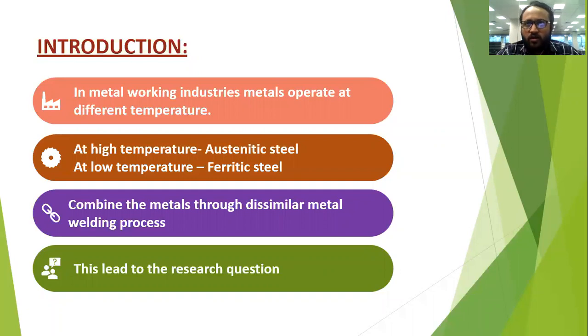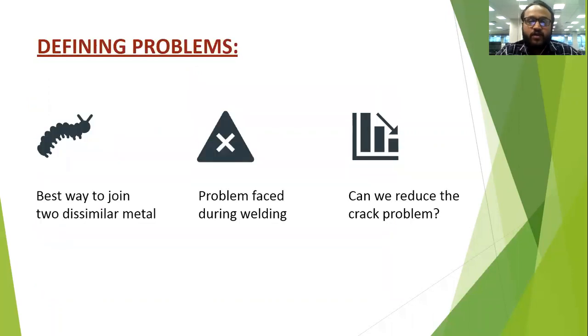So in this research, I'm going to find a process to combine both the materials together, which is definitely a challenging job, which leads to a research question: which way is the best way for joining two dissimilar metals?